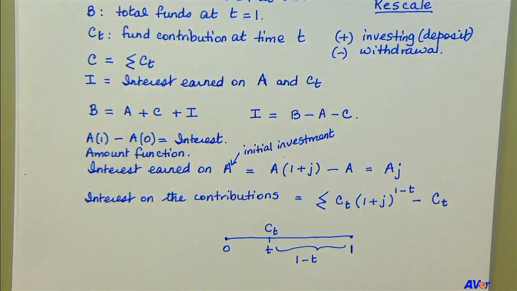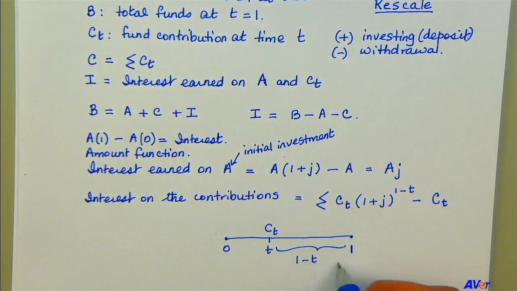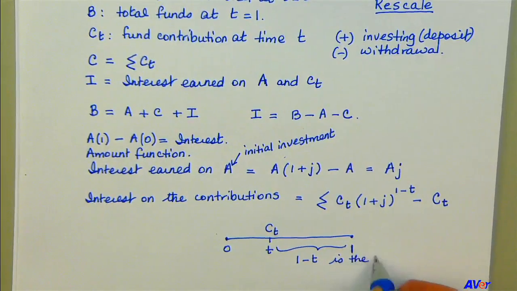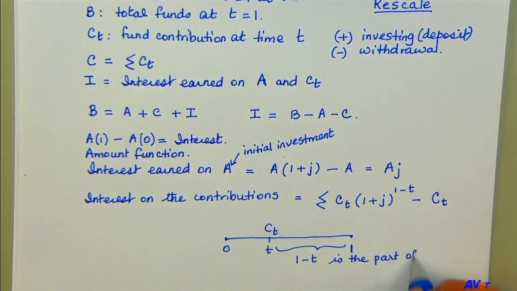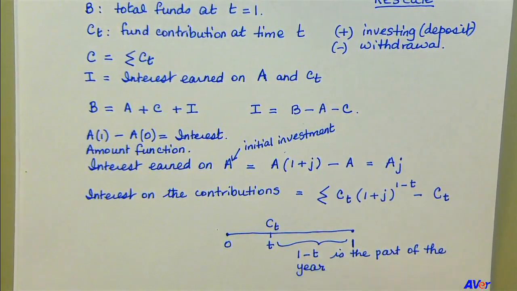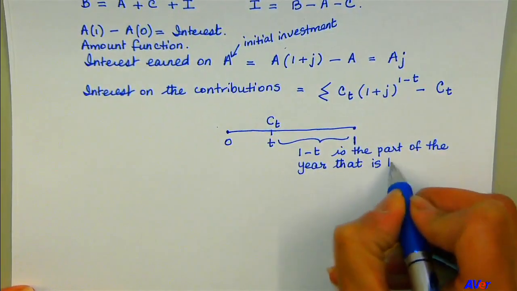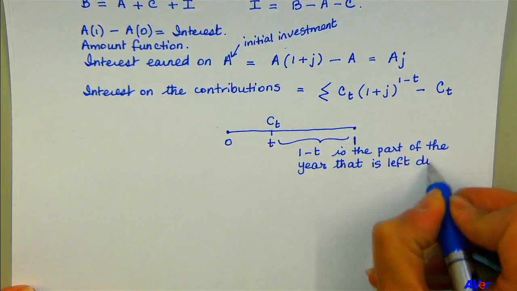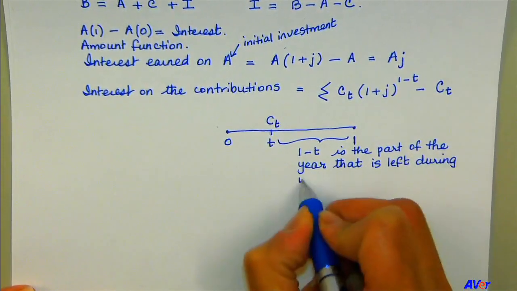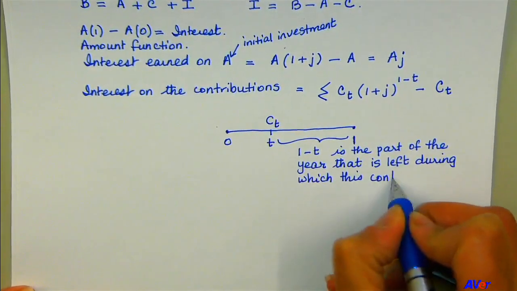That's what I'm saying. So, let's say 1 minus t is the part of the year that is left during which this contribution grows.